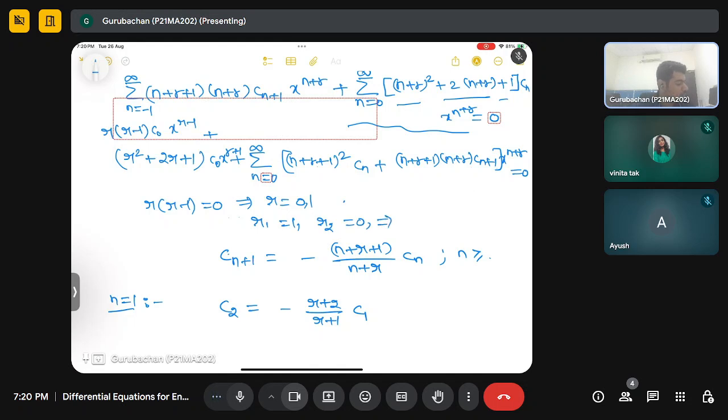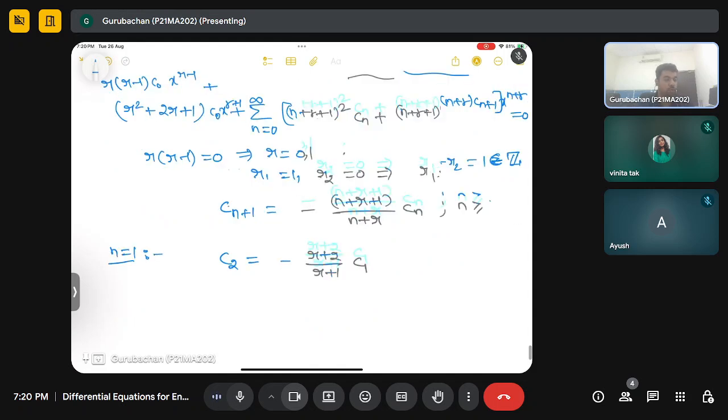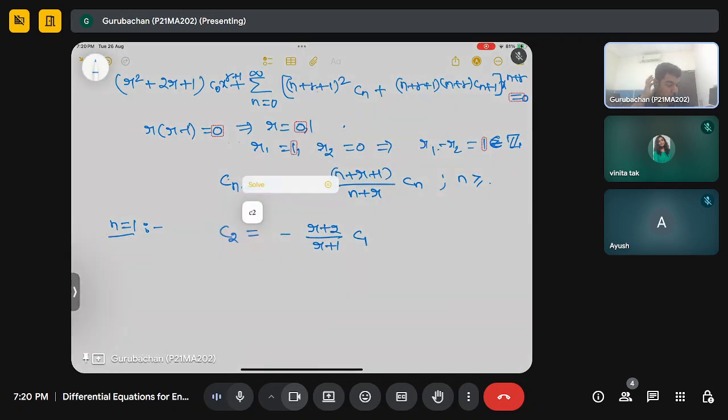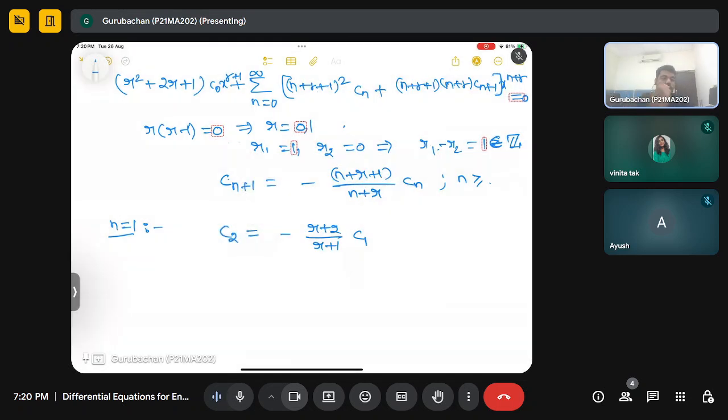So r1 minus r2 is 1, which is an integer. What you will do is first find the solution with respect to r1 equal to 1. Then we will think about how to get the other solution with respect to r2 equal to 0.